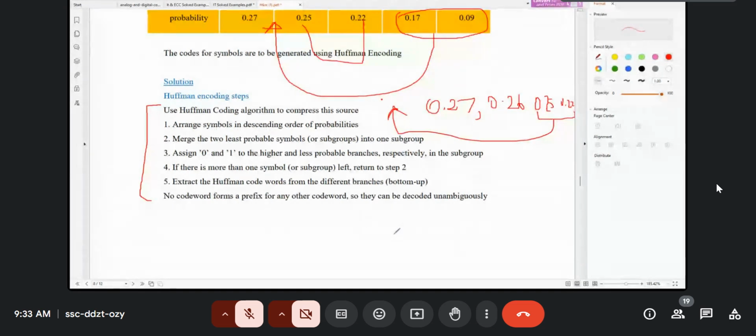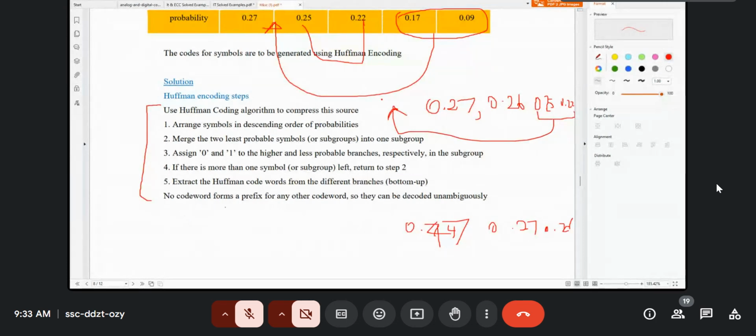So now you have 0.47, 0.27, and 0.26. Yeah. So you keep on doing that until you have only two symbols, which, 0.47, sorry, which of course they would add up to 1. They should add up to 1.